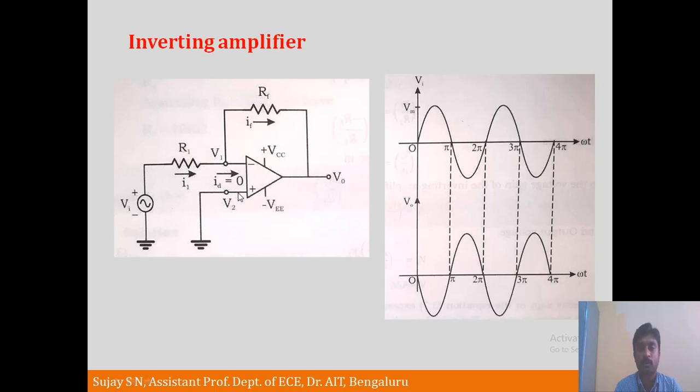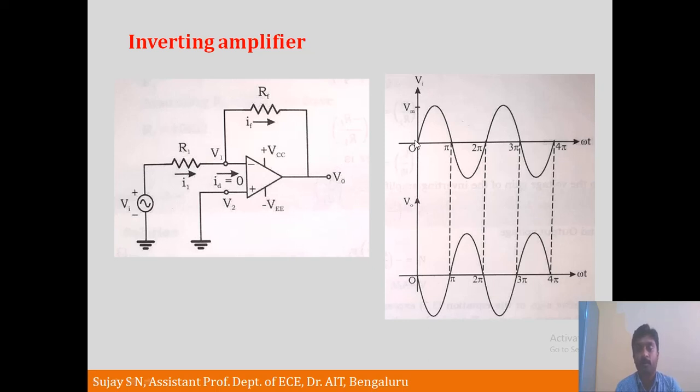If V2 is provided with some voltage at this node, V1 will be considered the same voltage as V2, and the current flowing into the Opamp is 0. That's why ID is equal to 0. So whatever current flows through R1 will flow through RF as IF, and current will not flow into the Opamp.